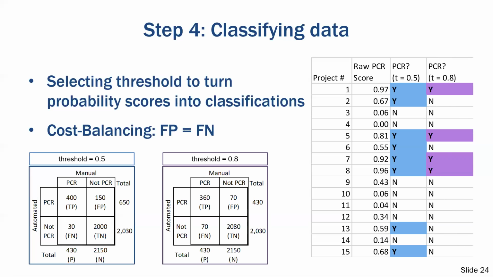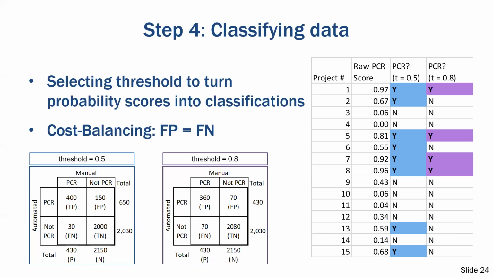But we're a fair bit more specific. We have a specificity of 95%, recognizing 2,080 out of those 2,150 projects that weren't PCR correctly. And you see that the number of false negatives and false positives actually ends up being the same at 70.